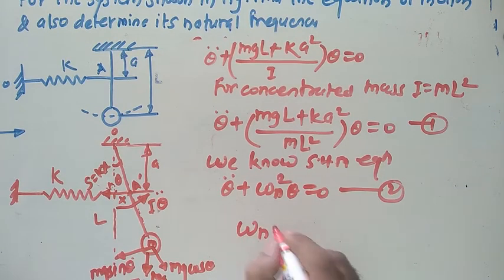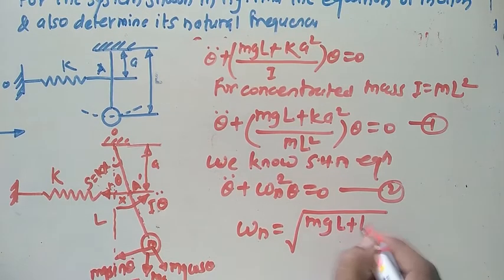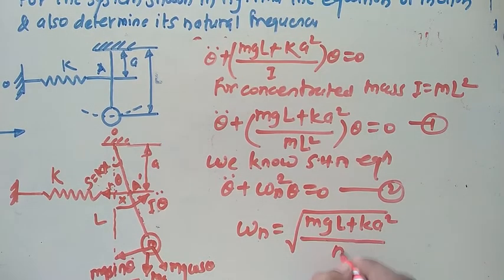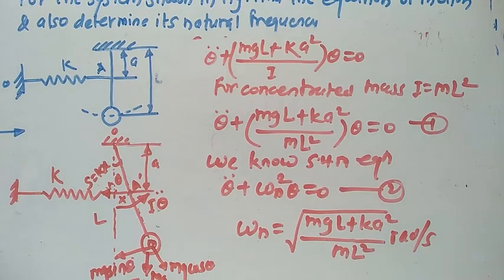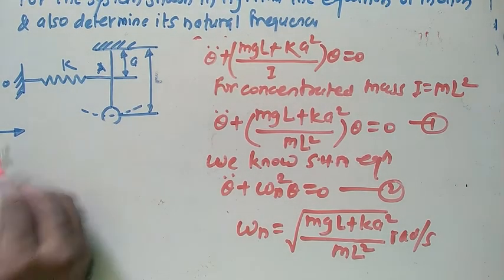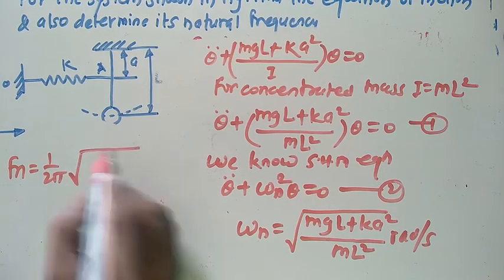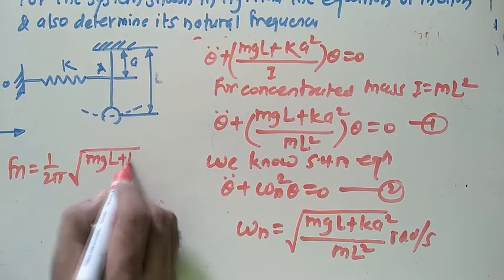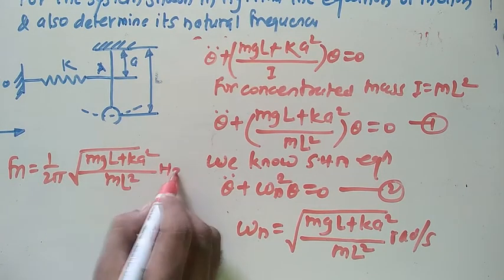Omega n equals square root of mgl plus ka square divided by ml square, in radian per second. In terms of hertz, we get 1 upon 2 pi times the square root of mgl plus ka square divided by ml square.